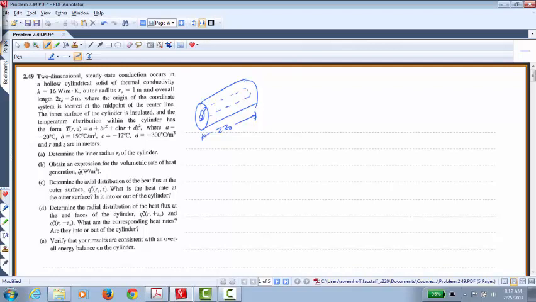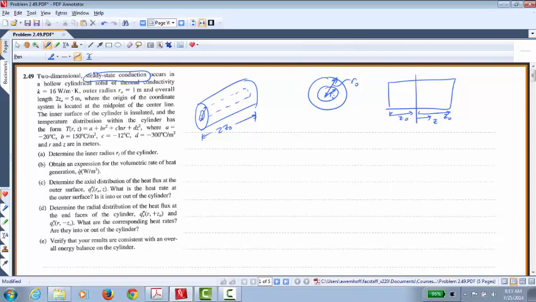So because of the diagram here, let me draw an end view, r sub I, and an outer radius here, r sub O. And then we'll also draw a side view where the coordinate system is placed such that z equals 0 at the center of the rod. So z equals 0, or z0 on both sides there, like so. Notice also that it says this is steady state conduction, so we'll keep that into account later on.